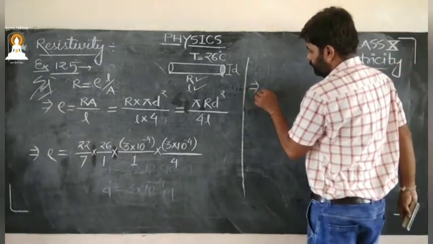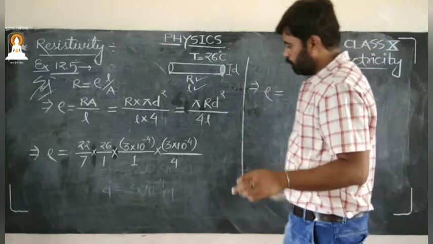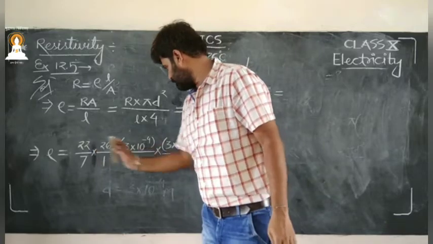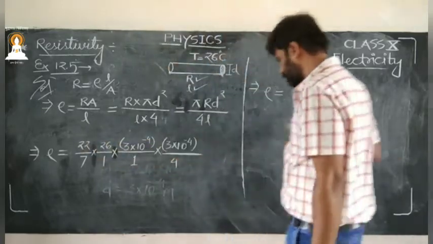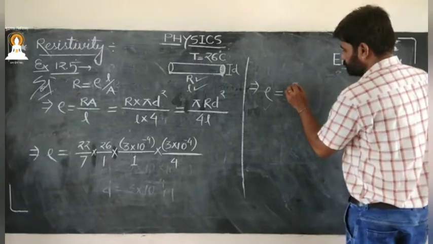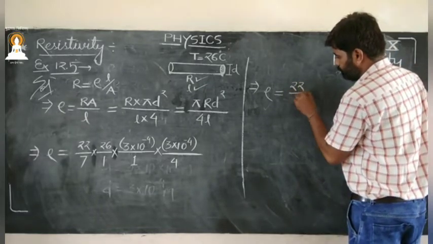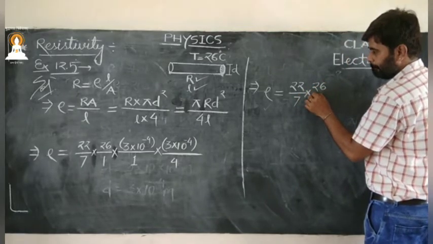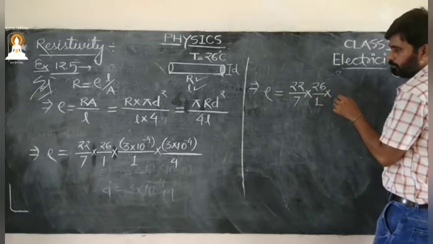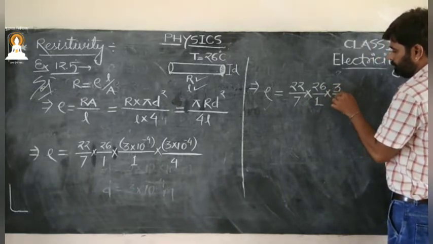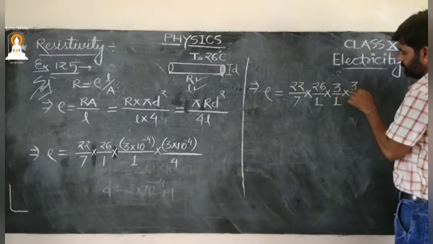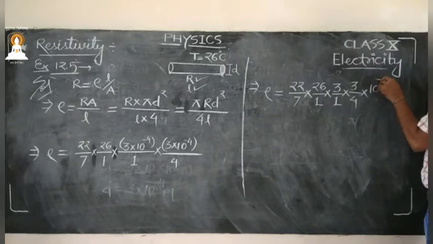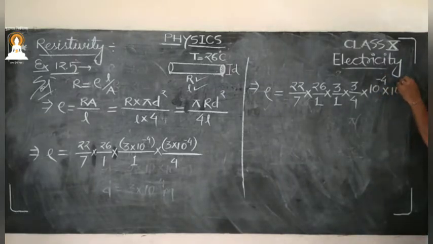Now rho will be equal to, let us take all these non-decimal numbers to one side and the powers of 10 to the other. So this becomes 22 by 7 into 26 by 1 into 3 by 1 into 3 by 4 into 10 to the power minus 4 into 10 to the power minus 4.